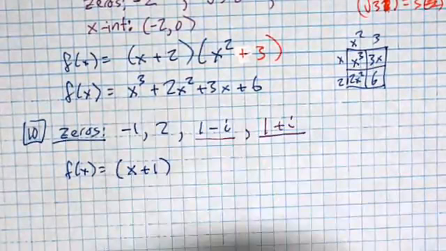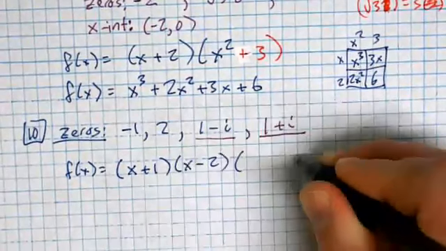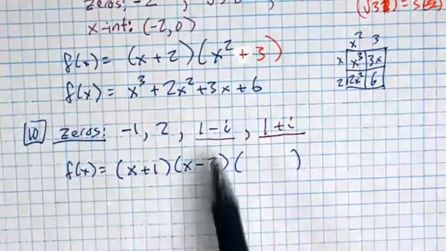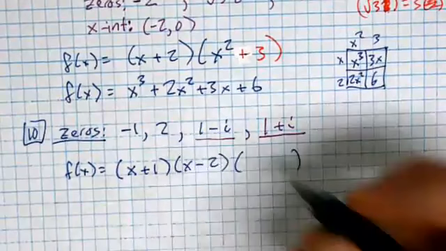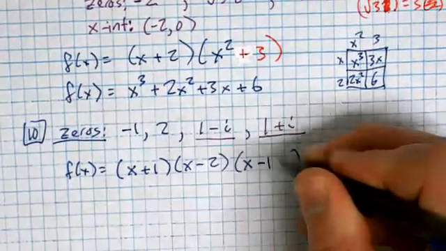x plus 1, x minus 2. All right, it's going to be x minus this. Make sure that negative goes onto both things. So that would give you x minus 1 plus i.